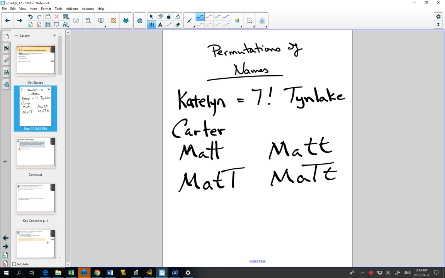And so one password with Matt could be Tam, and that would have been different than Tam had those T's been different. But when the T's are the same, Tam and Tam are the same, right?